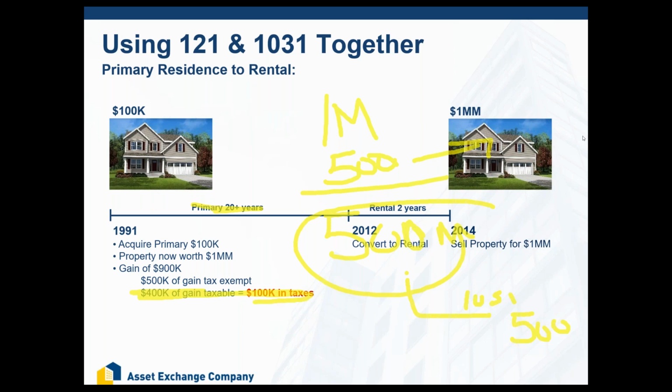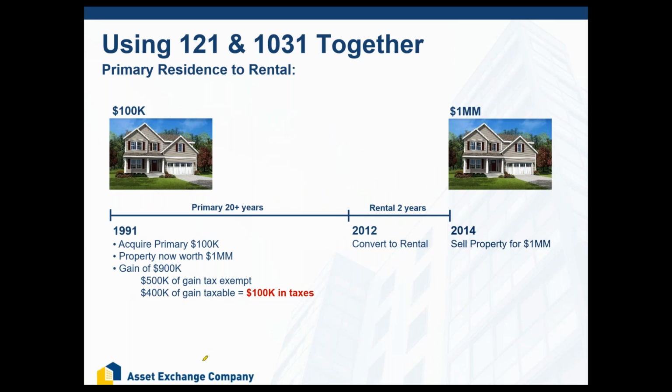This, ladies and gentlemen, is a phenomenal gift that the government gave us several years ago. They said that yes, if you are eligible for the 1031 and the homeowner's exemption, after you've converted your primary to a rental, you can take both. You don't have to pick one or the other. You can take both.